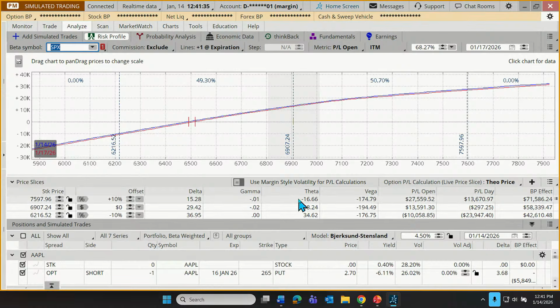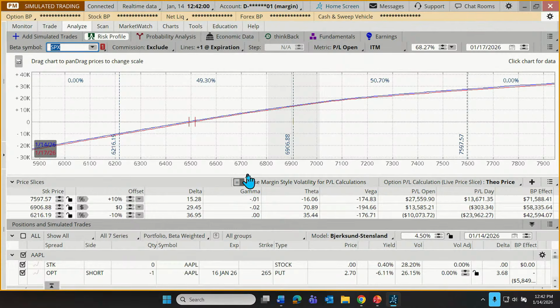And that is, looks like a bullish portfolio to me, because here's where the S&P 500 is right now. And if the S&P starts to move up, what happens to the profitability of this portfolio? It goes up. If the S&P goes down, what happens to the profitability of this portfolio? We start to lose money, and there's our break-even point for the portfolio.